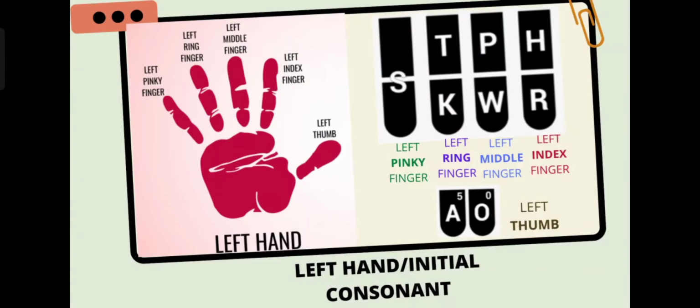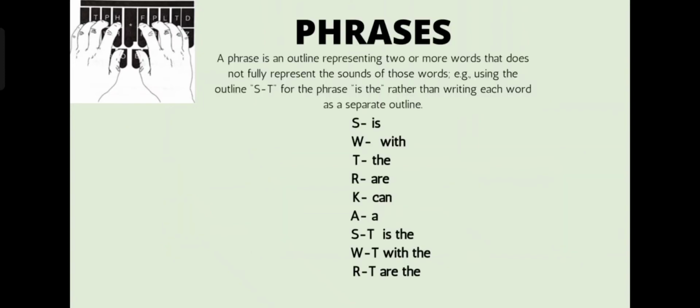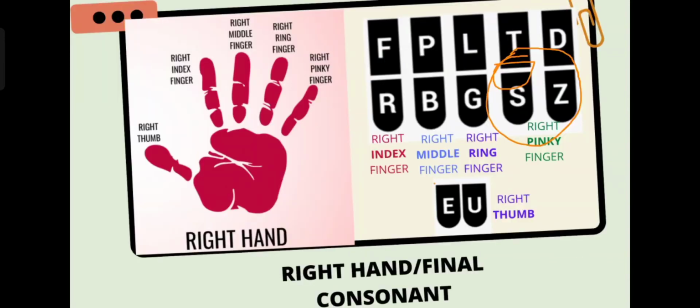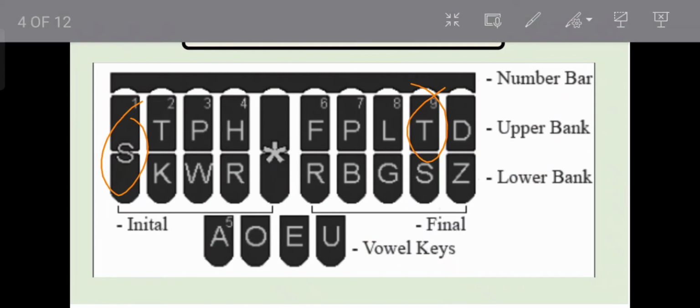Okay, so you have to practice this word exercise. Just follow the rules. We have S, which is is. W, the initial W, is with.